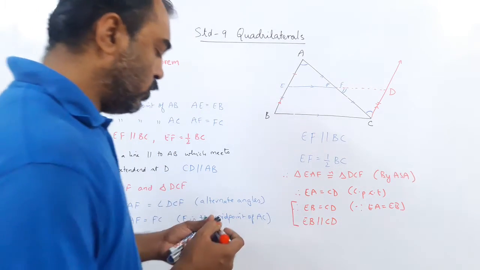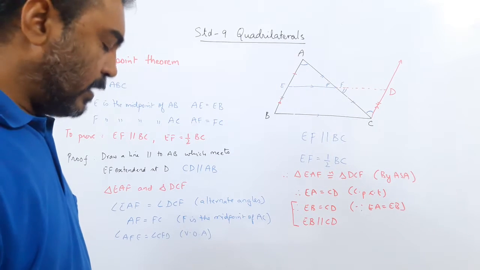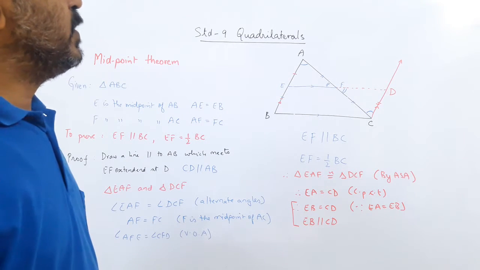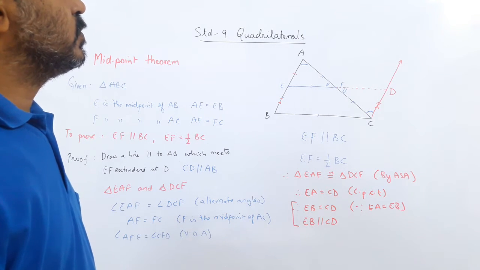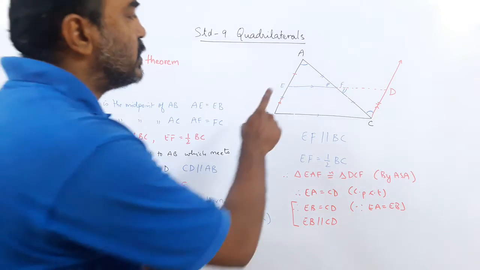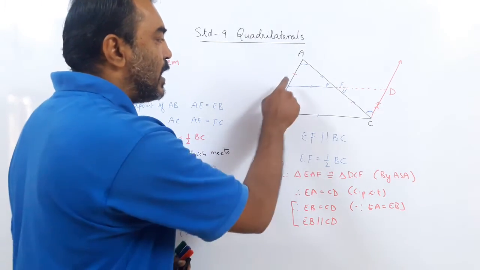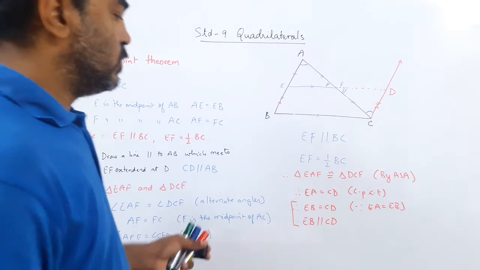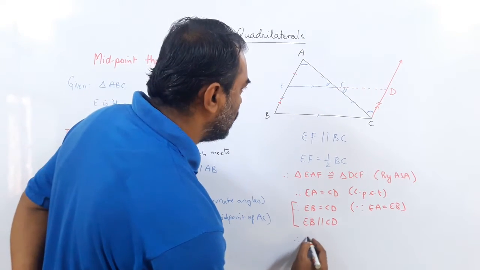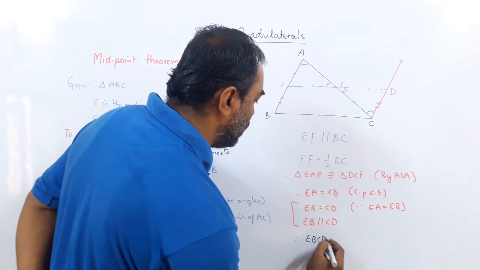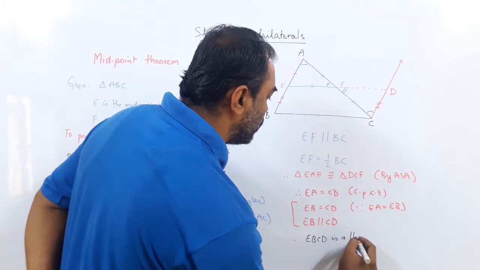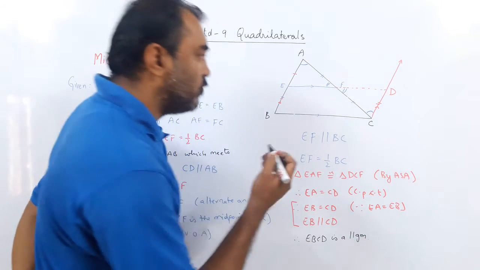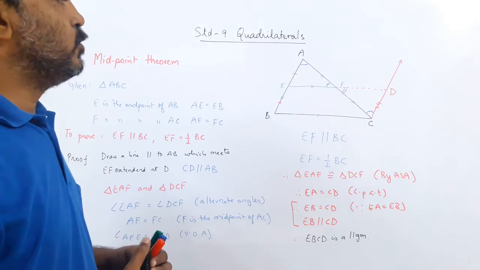From these two things, what do you get? Can you recall any theorem we did in the previous lectures? If two sides of a quadrilateral are parallel and equal, then it is a parallelogram. So we have therefore EBCD is a parallelogram.